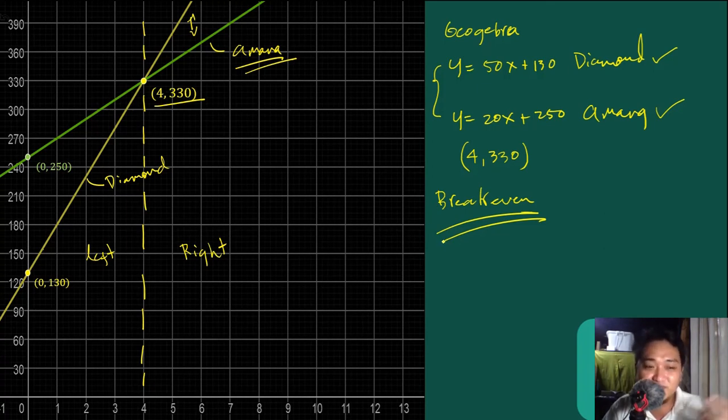Now, just to sum up, pagka break-even po, yung klase ng tanong, tinitingnan natin kung aling part ng aling section ng graph natin yung mas mababa sa isa or yung mas mataas sa isa. Katulad nito, wherein sa left side mas mababa si Diamond, pero pagdating sa right side mas mababa na si Amana in comparing cost. At yan, malaki yung tulong nitong break-even analysis.